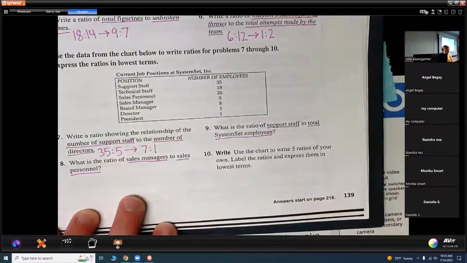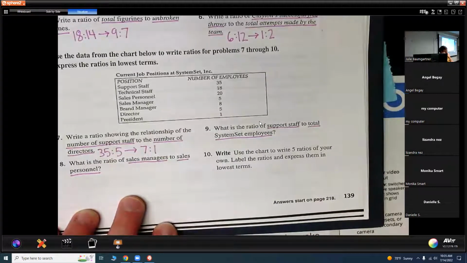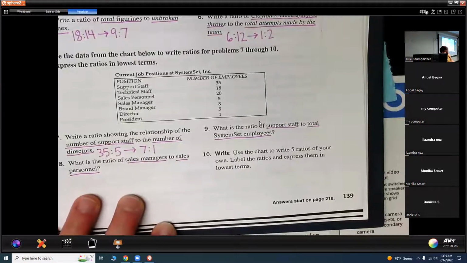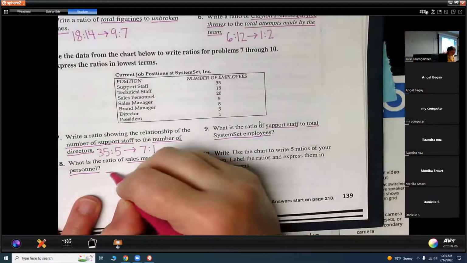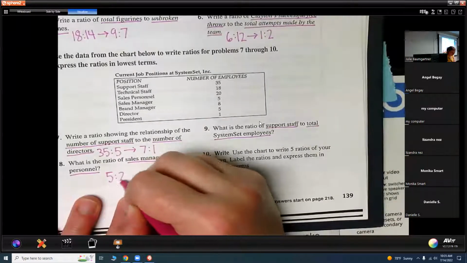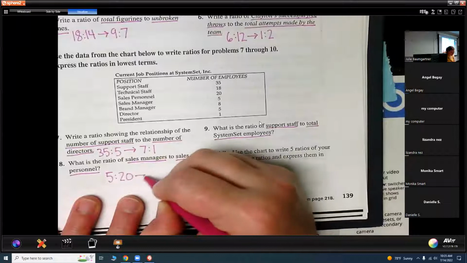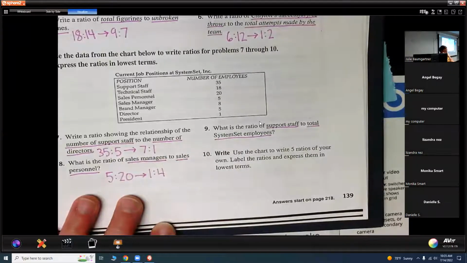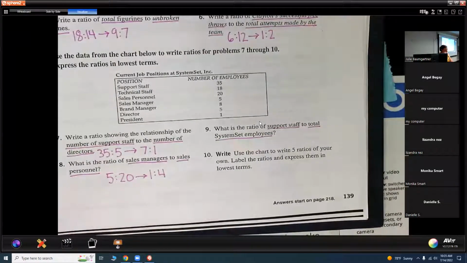So for every 7 support staff, there is 1 director in this company. Ratio of sales managers to sales personnel. 5 to 20, can that reduce? Good. I guess each sales manager has 4 sales personnel that they oversee. That's a pretty nice ratio, I suppose.